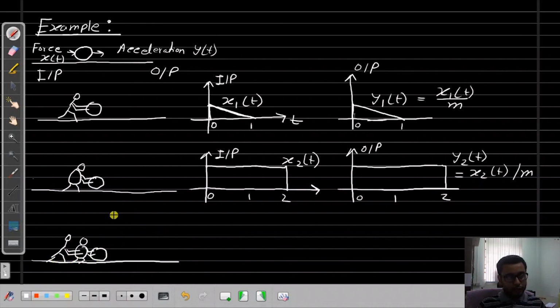So the total force or total input is x1 plus x2, which if you draw will be the addition of these two curves, and that will look like this.